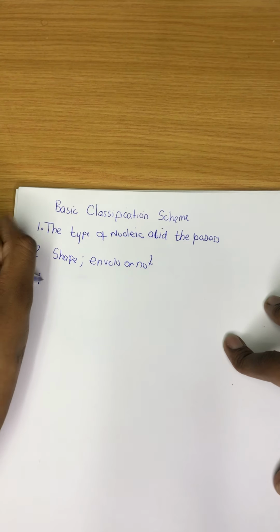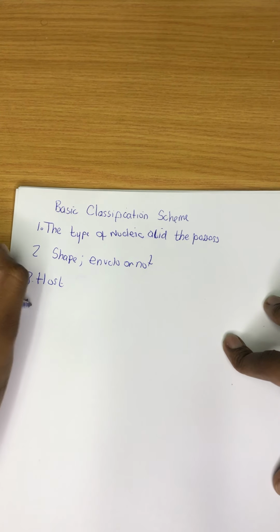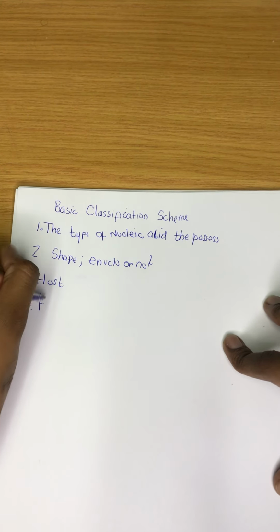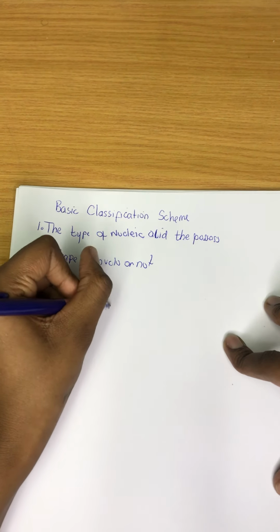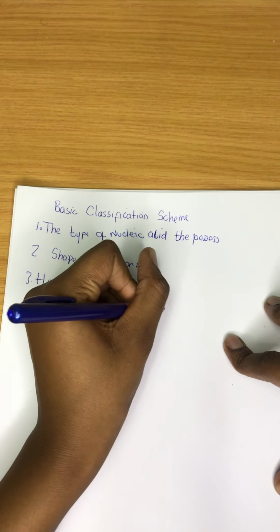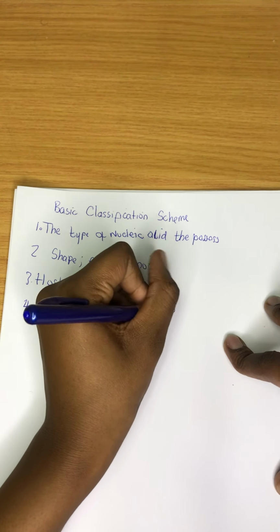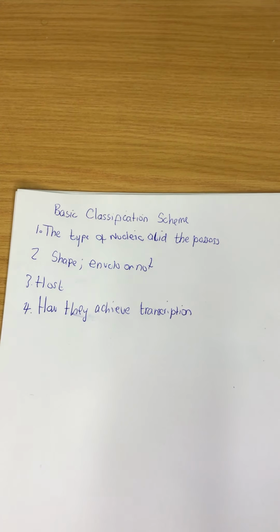And then number 3, we're going to have host. And then number 4, we're going to have how they achieve transcription. Excuse my handwriting if you cannot see properly. The most important one is the Baltimore classification scheme.